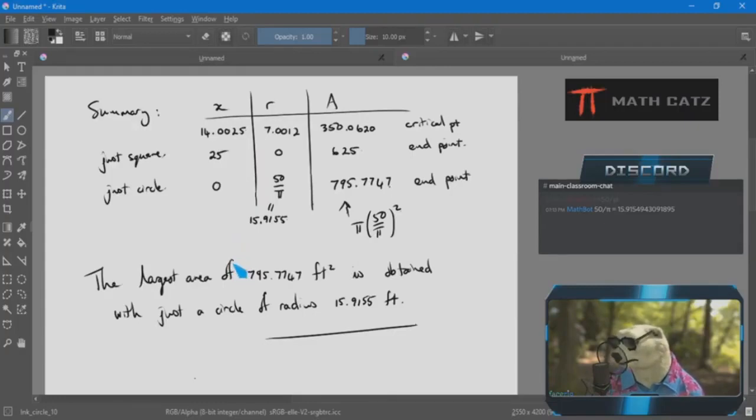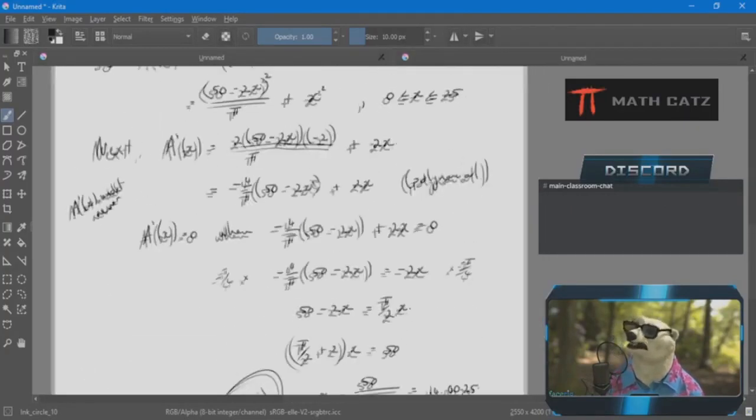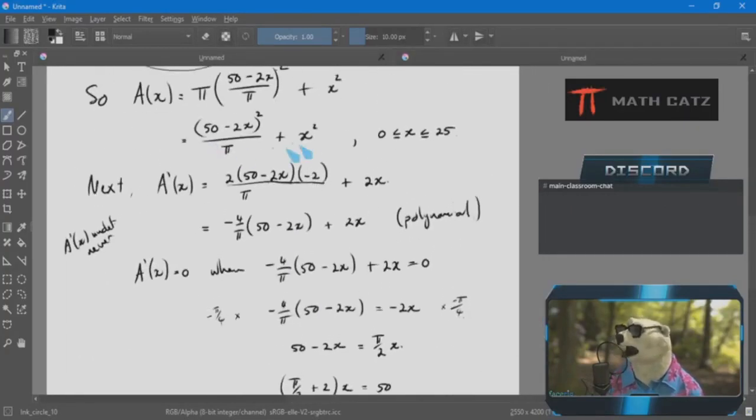Interesting. So, moral of the story is, check your endpoints and do it early perhaps. If I wait until this x version, the single variable version, to me personally, it's a little less obvious looking at this. What are the practical restrictions on x?